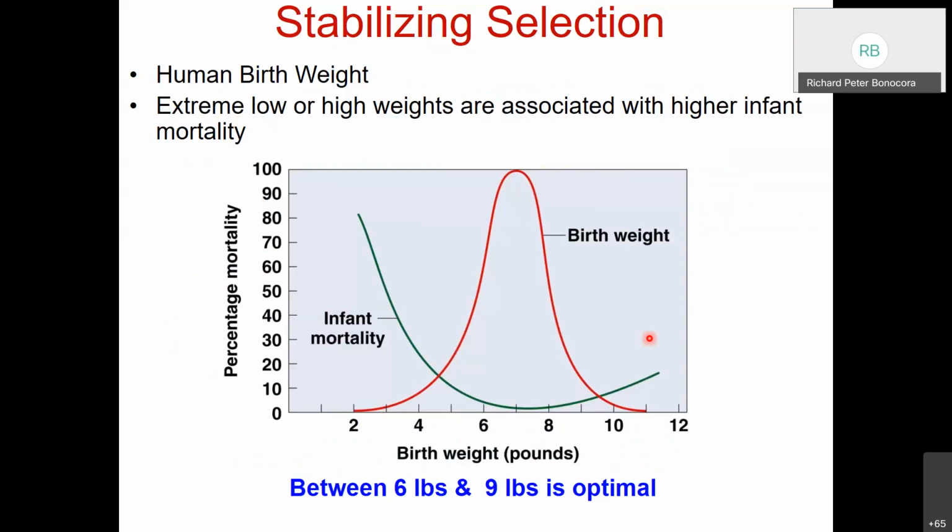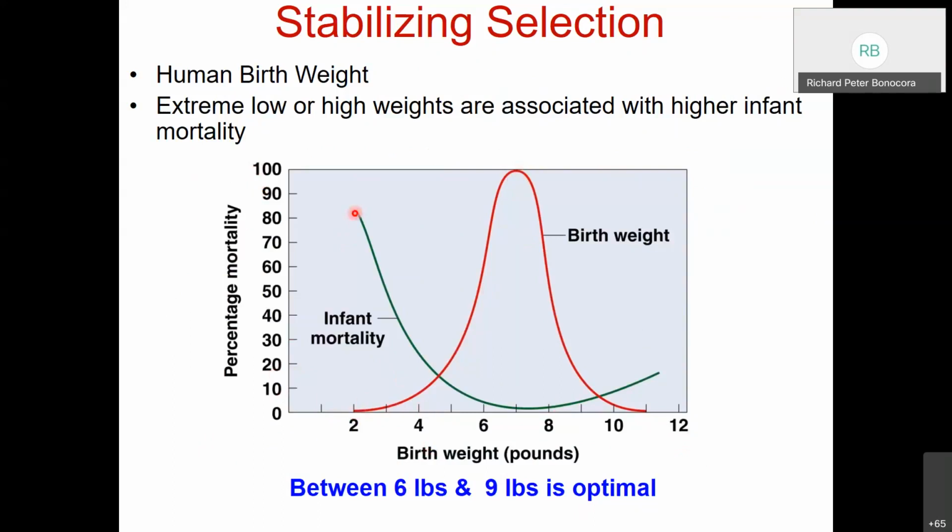Now, another example of this is human birth weight. So if we have birth weight along the X axis, and we have mortality. If we look at birth weight first, we see that most babies when they're born are around 7 pounds, between 6 and 9 pounds. But there are very few born at the extremes, because at the smaller birth weights there's a high degree of infant mortality.